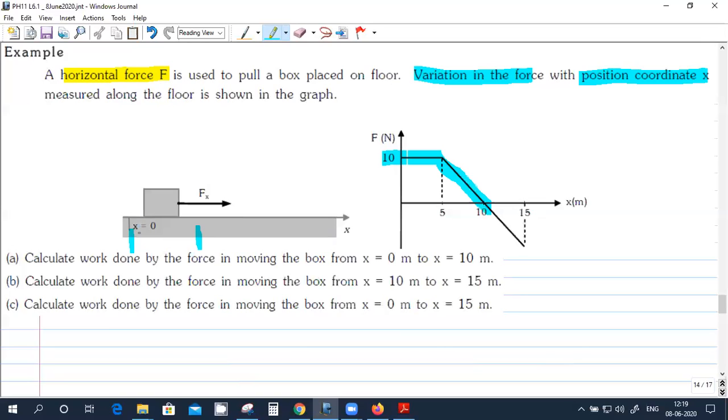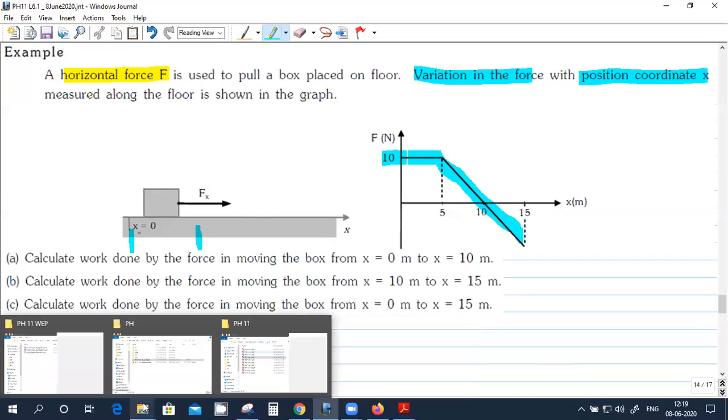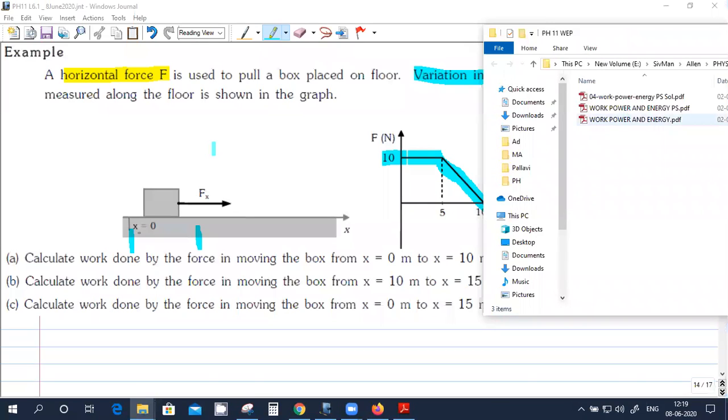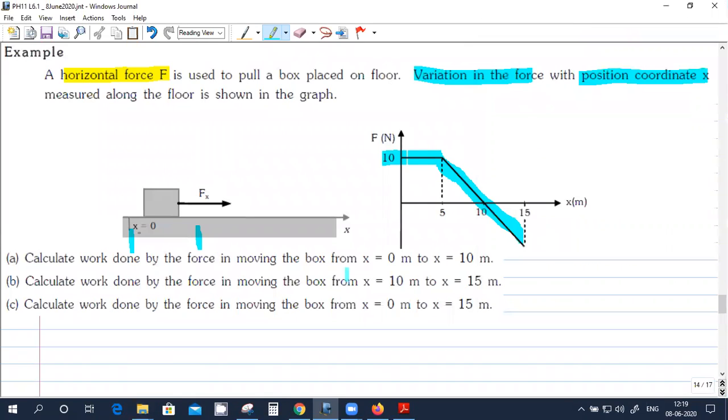Sir, I'm calculating, just a second. Sir, is work done 50? He's asking for different regions, from x equal to 0 to 10 meters.